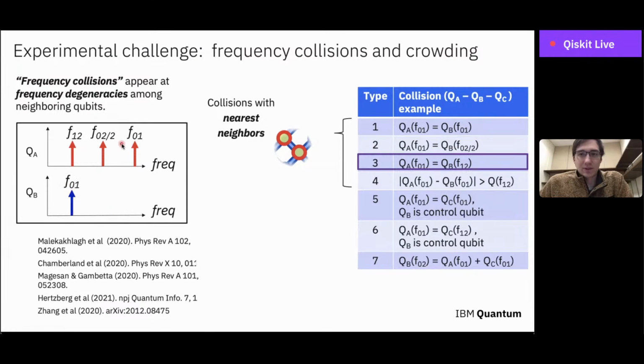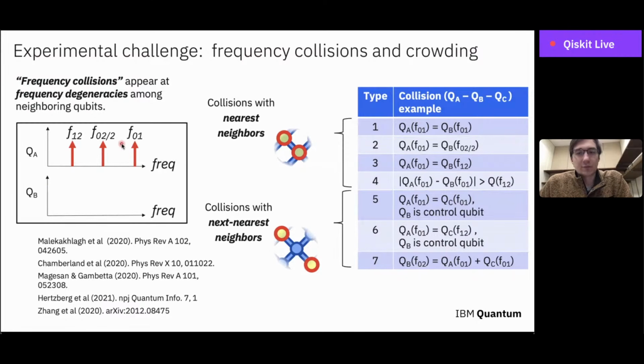There are a lot of these conditions, and I'm not going to go through each one, but essentially you want to avoid these by setting the frequencies appropriately, if possible. There are also collisions even between next nearest neighbors in the lattice, and these are things that you also want to avoid.